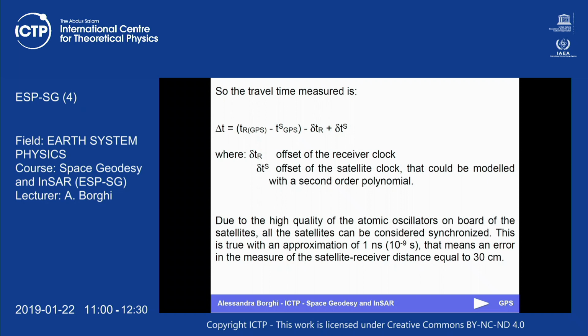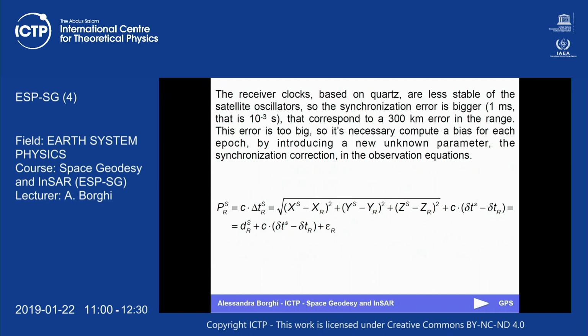So when you use no good satellite clock, we have to correct for this error. For the receiver clock, the synchronization error is bigger than 1 nanosecond. It is about 1 millisecond, which corresponds to an error of 300 kilometers. So we cannot use the system if we don't consider this synchronization error.